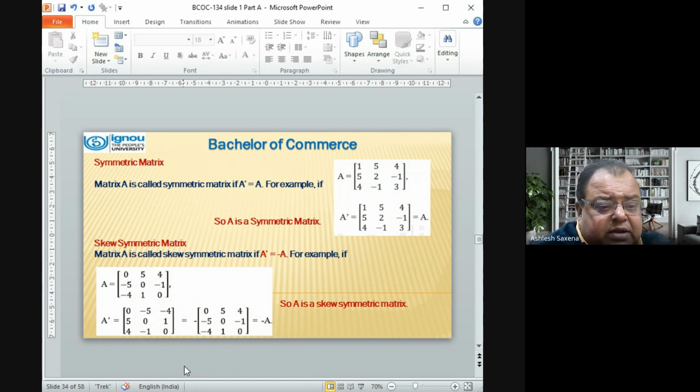You can see that it will become 0, 5, 4, minus 5, 0, minus 1, minus 4, 1, 0, which is negative of A. If this condition exists, then that matrix is known as a skew symmetric matrix. Under a skew symmetric matrix, A transpose is equal to minus A.